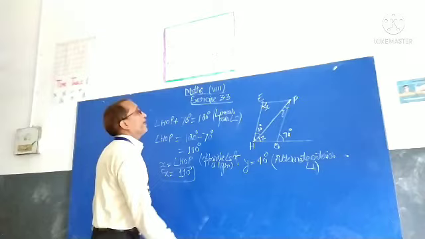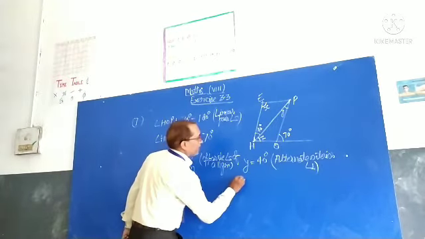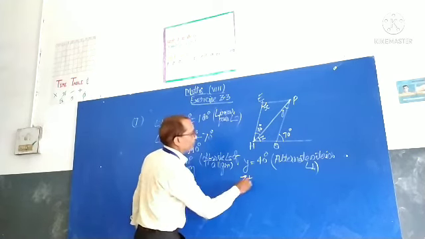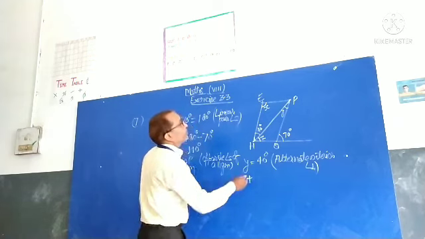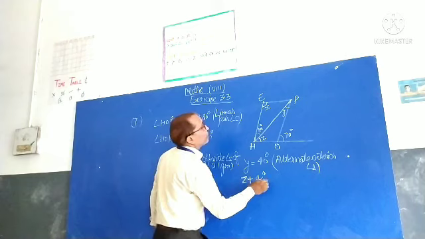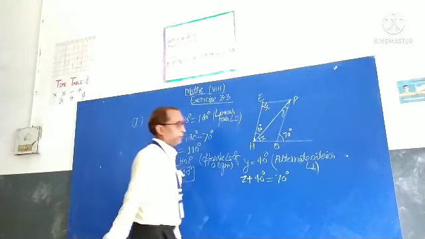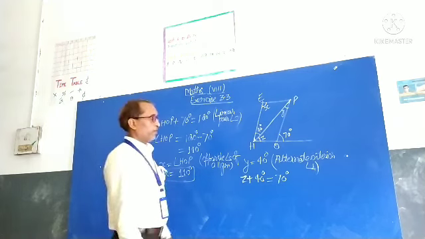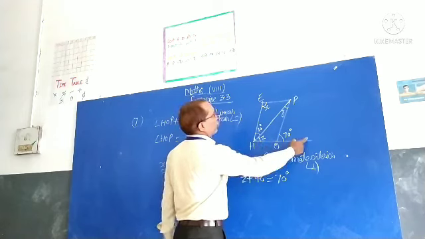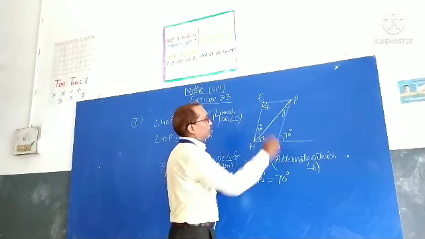And then you find out z. You write down z plus 40 degrees is equal to 70 degrees. Corresponding angle. These are parallel lines and this is transversal. Therefore, this whole angle is corresponding to this.